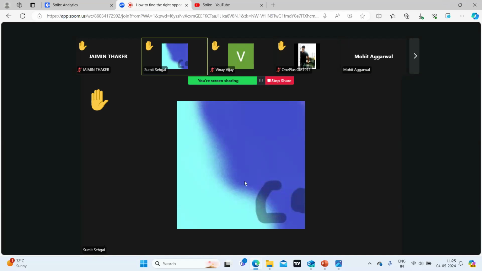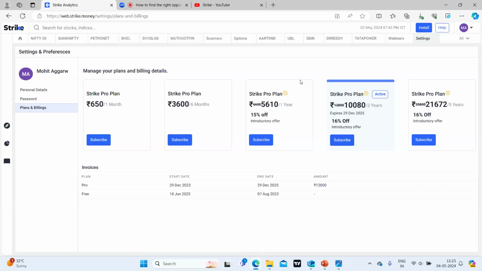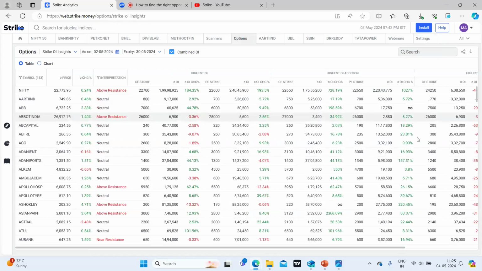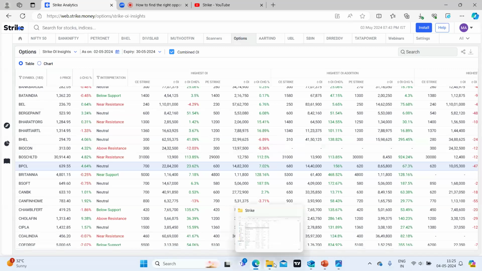How to go about, if you can show, below resistance के अंदर अगर जाते हैं, so how to short it, and below support. And second is that with just an example, if you can show where to keep a stop loss, because yesterday I took all these things with AU Bank, and where should I keep my stop loss? If you can show these 2-3 things.